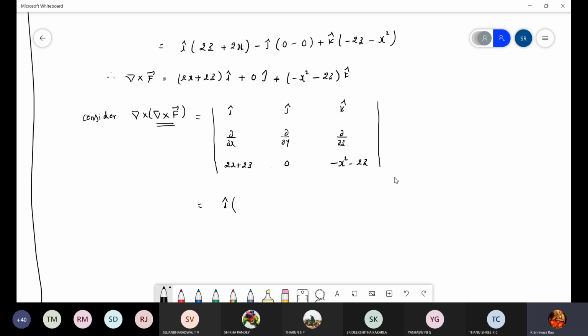Partially, sorry, i cap into, with respect to y, there is no y here, therefore it is 0, minus with respect to z also 0, 0 minus 0. Minus j cap into first row and second column: dou by dou x of minus x square is minus 2x, and this is 0, with respect to x, and with respect to z, 2x gives 0, but 2z differentiation is 2, so minus 2.